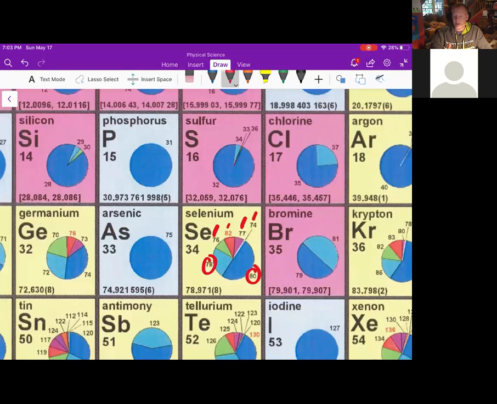Now there could be other varieties that occur, but in this case they are not natural. They would almost certainly be radioactive. So if I were looking at selenium and I wanted to know which isotopes are natural and stable, meaning not radioactive, that would be any of them here in black.